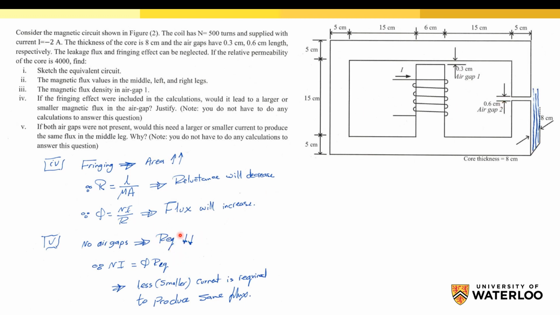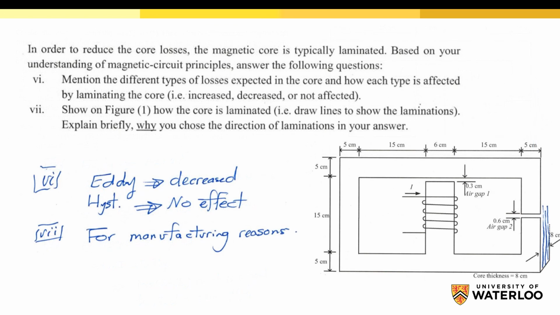If the reluctance is less and this flux is constant, it will need a smaller current to produce the same flux. Okay, this question is part VI and VII for the same question.